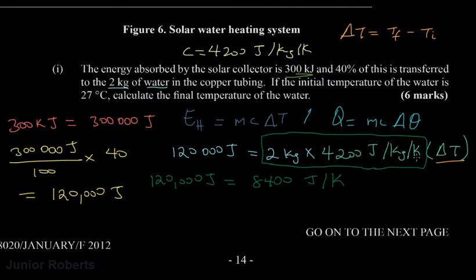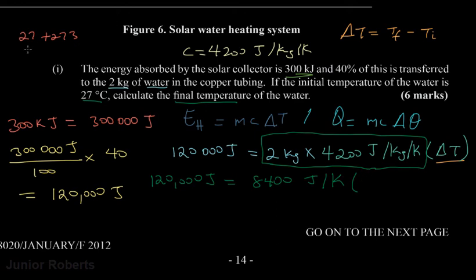And we have delta theta, which is our change in temperature, which is again the final temperature minus the initial temperature. Now in this case, we want to find the final temperature. So our final temperature is the unknown, but we are given the initial temperature, which is 27 degrees Celsius. Since we're working with the unit Kelvin, we can convert this to Kelvin by simply adding 273. So 27 plus 273 gives us 300 Kelvin.